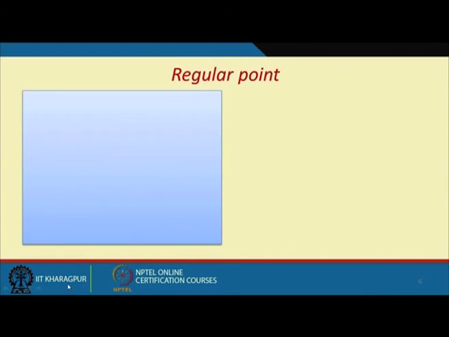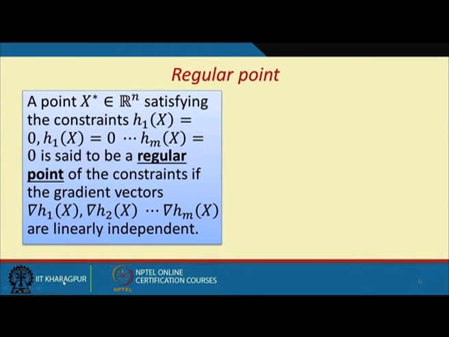One thing is the definition of the regular point, and we have to define it. What is the definition? If we have m number of constraints, a point which satisfies all m constraints is a regular point of the constraint set. Not only that, at the regular point all the gradients of the constraints must be linearly independent.